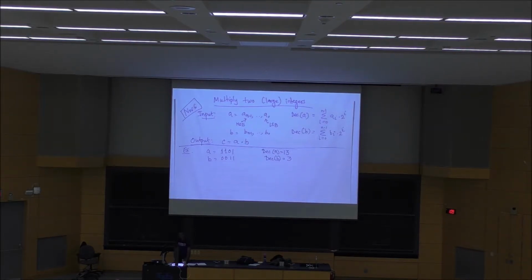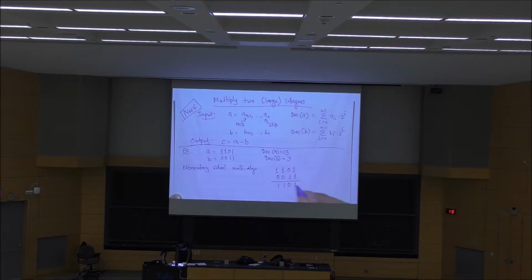Just to make sure all of us are on the same page about the elementary school algorithm: in the elementary school multiplication algorithm, you write down your A first, then you write down your B, then you multiply this with all of these digits and write that number down, so 1011.